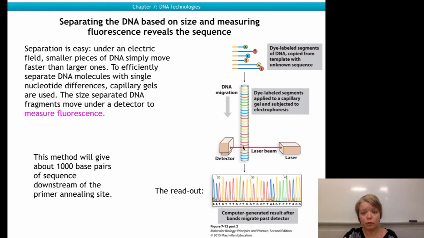the laser beam is actually detecting actual fluorescence, there's going to be some sort of leakage of other fluorescent signals if certain mistakes were made by the DNA polymerase, or there's a certain detection error. But as long as you have a nice big peak for each of your nucleotides, you know that your DNA sequencing reaction was efficient.